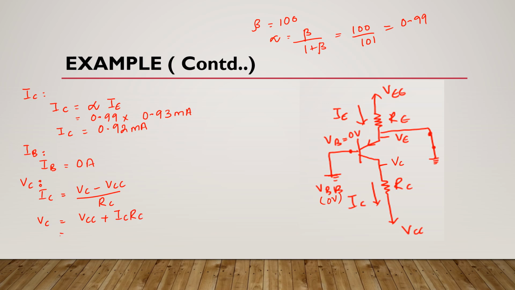Here we know that this VCC is minus 10 volts, this IC is 0.92 milliamperes and this RC is 5 kilo ohms. After solving this, you will get VC is equal to minus 5.4 volts.